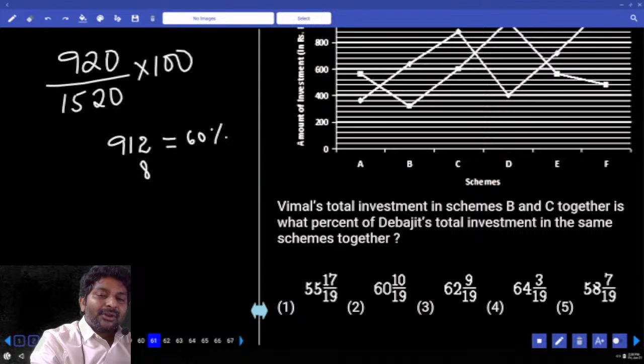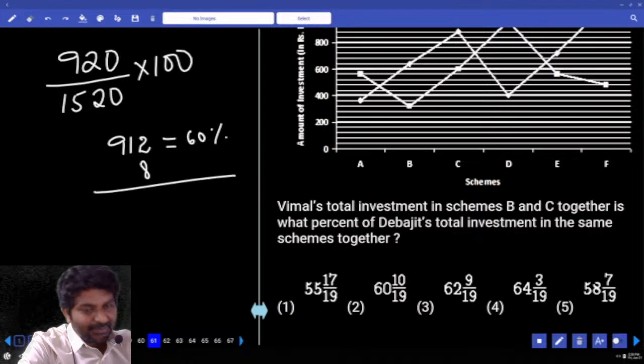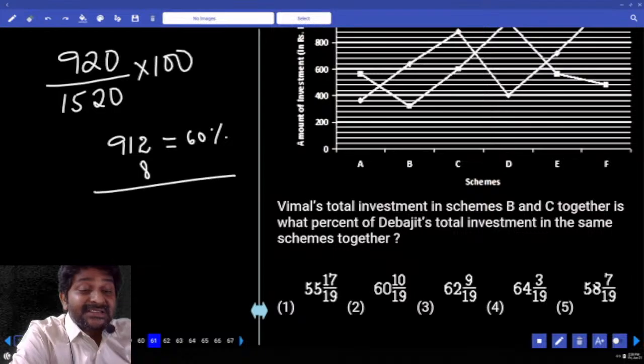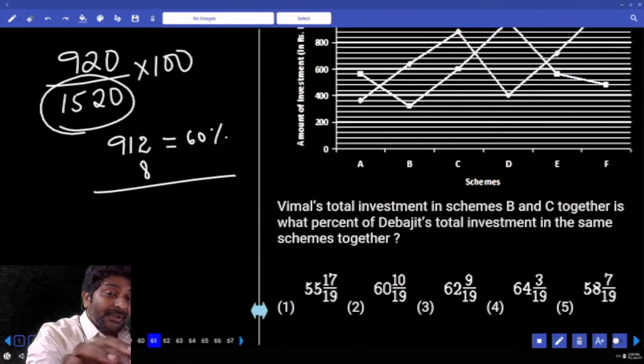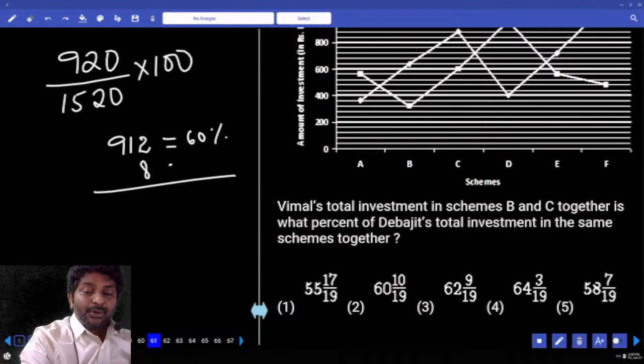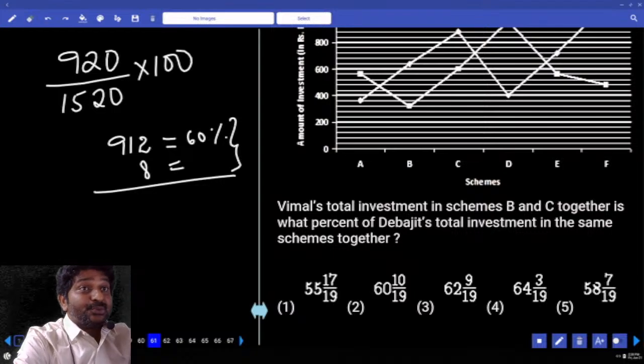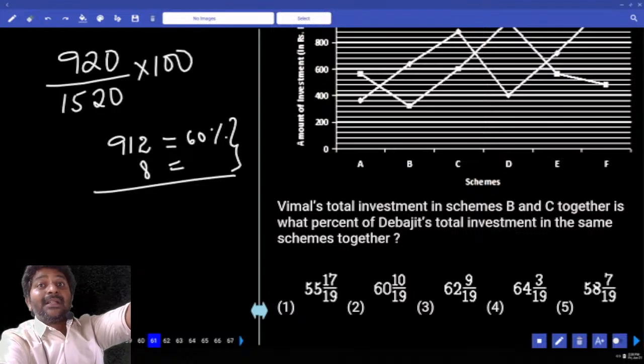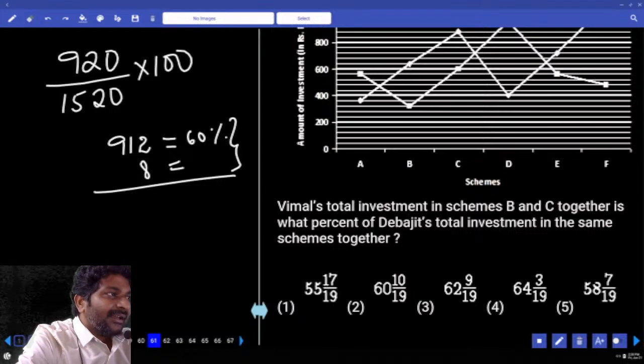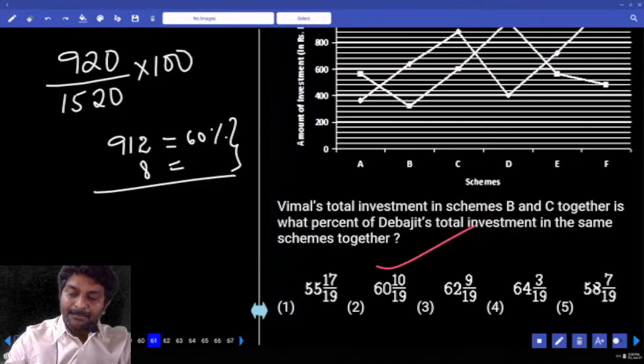To get our numerator, how much do you need to add? 8. What is 1% of the denominator? 15.2. Do you have to add 15.2? Less than that number only. So that value is less than 1%. Then together the value is more than 60 but less than 61. Correct? How many options are there? Only one.